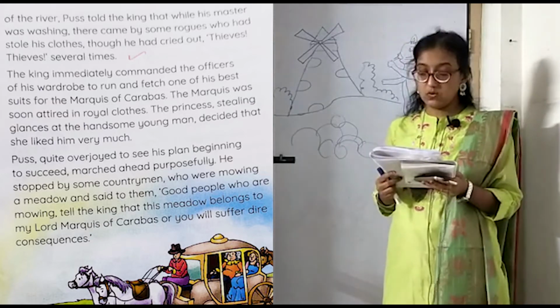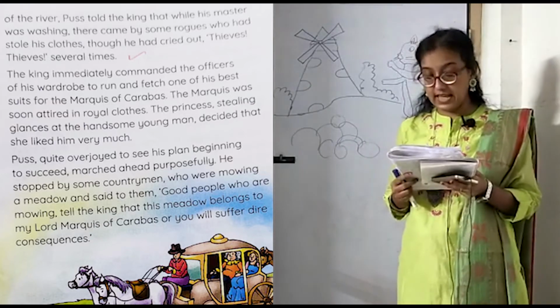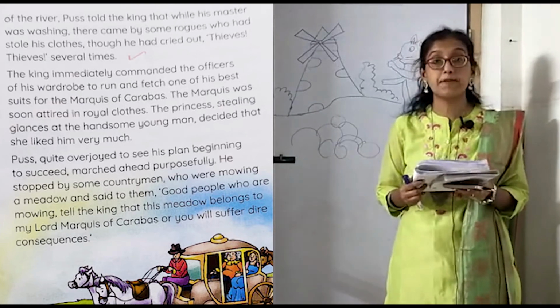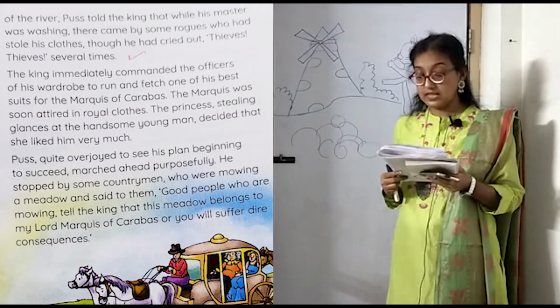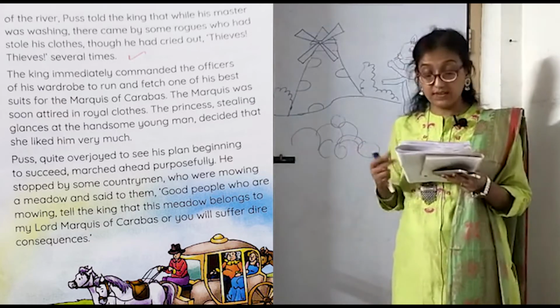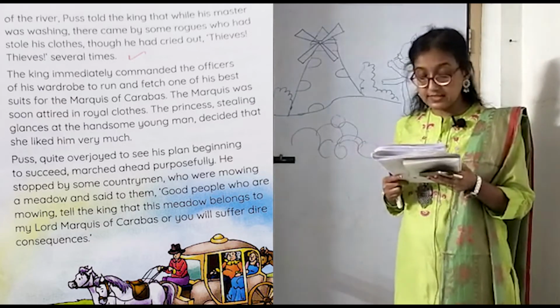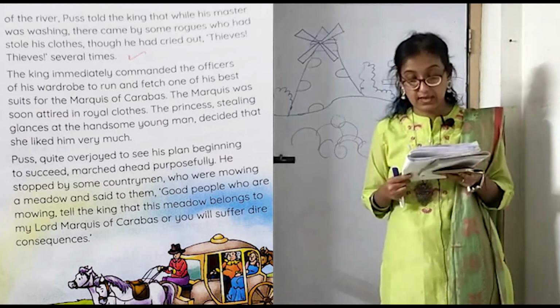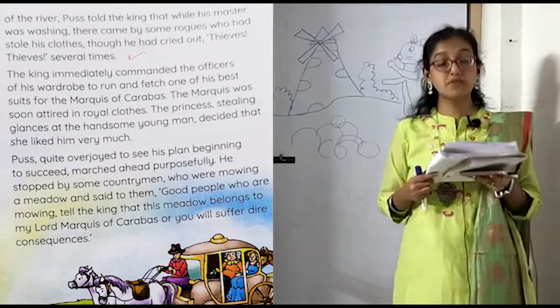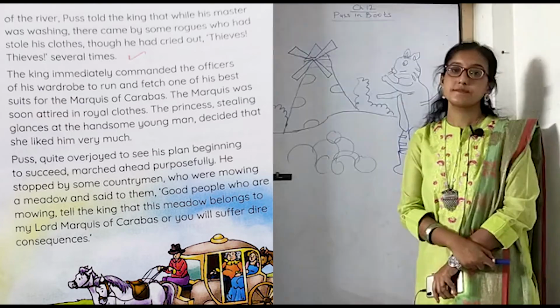As the royal coach nears, the cat begins calling for help in great distress. That is, he just yells for assistance. The cat tells the king that his master, the Marquis, has been bathing in the river and was robbed of his clothing.